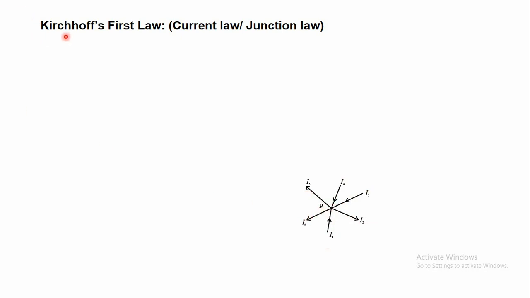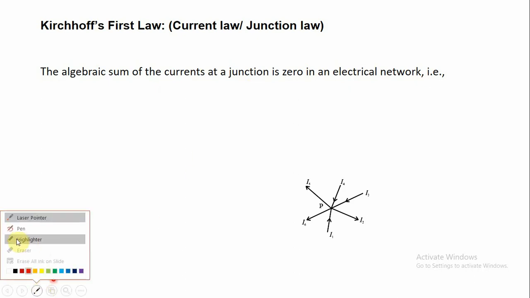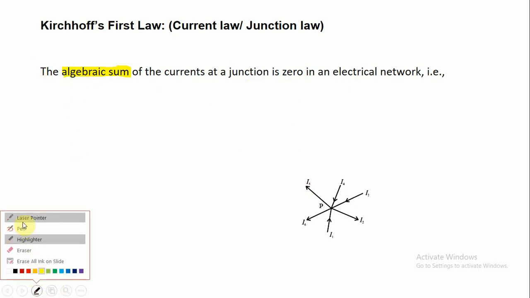So what does Kirchhoff's first law say? It says that the algebraic sum of the currents at a junction is 0 in an electrical network. The first point to note here is that it is saying algebraic sum. Algebraic sum is not a normal sum. Algebraic sum means the sum with the sign of it, that is the direction of it.